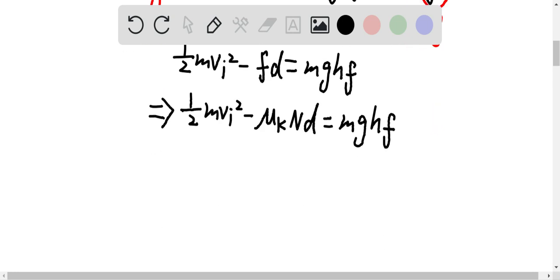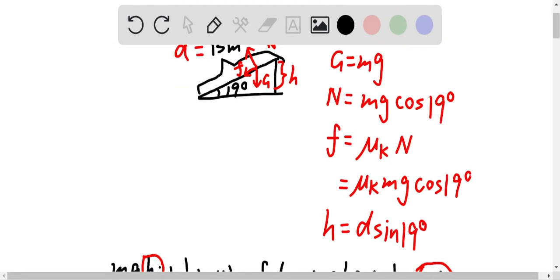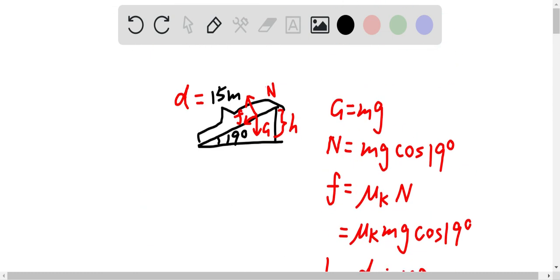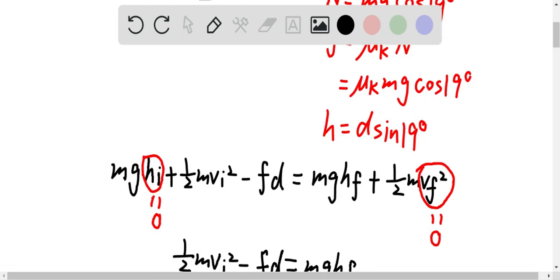And we can keep expanding. We'll get 1/2 m vi squared minus mu k. Remember, N was equal to mg cosine 19 degrees. So mu k mg cosine 19 degrees times d, which is equal to mg h final, and remember h final, the height, is equal to d sine theta, d sine 19 degrees.